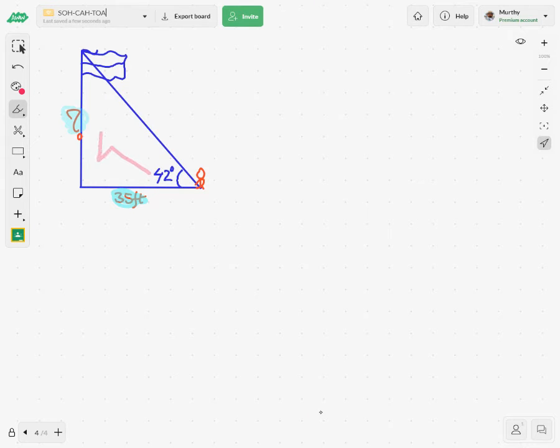Here is the angle, and this is the opposite side to the angle, and the other one is next to the angle, which I call adjacent.